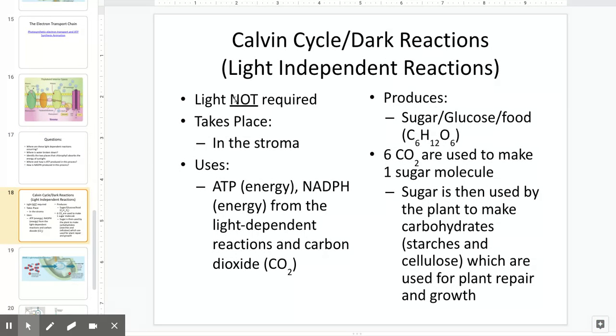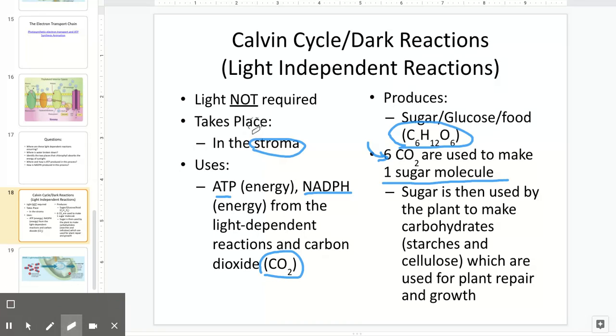So again, no light is required, and this process occurs in the stroma. So the stroma is that space outside of the thylakoids, the stroma. The ATP produced, as well as the NADPH and carbon dioxide, are used to create sugar. For every 6 molecules of CO2, 1 sugar molecule is produced.